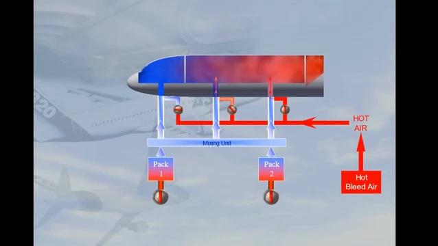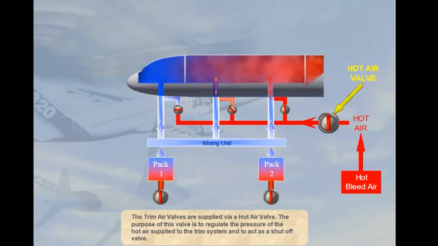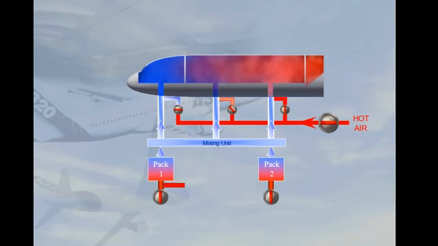The trim air valves are supplied via a hot air valve. The purpose of this valve is to regulate the pressure of the hot air supplied to the trim system and to act as a shut-off valve. The hot bleed air is supplied to the hot air valve downstream of the pack flow valves.